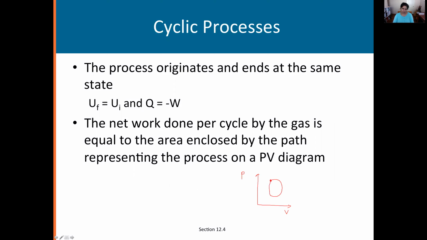It doesn't have to be exactly a circle. It could be any shape for the path, but it needs to come back, right? So my U, this is my internal energy here, equals the final. What's my area under the curve? It's all this shaded area. It's the area inside the loop now. This is going to be my work.